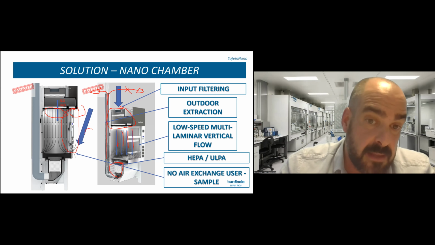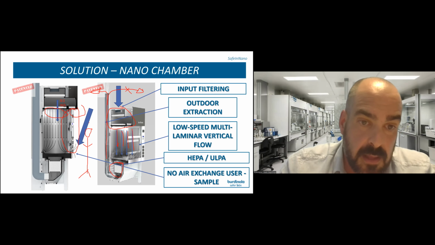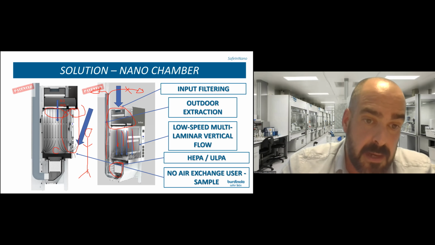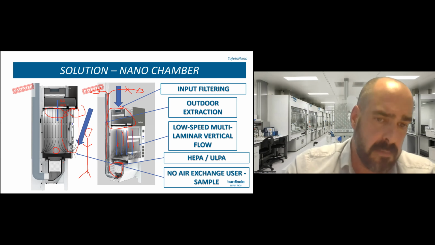So let's say that this is the user here, and we generate a virtual air barrier between the user and, let's say, the sample that should be here.